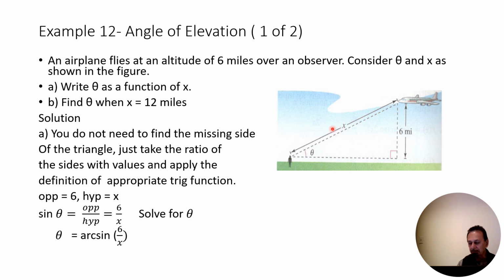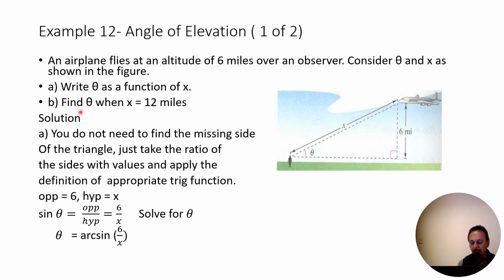Opposite over hypotenuse is 6 over x, and that is sine theta. So sine theta equals 6 over x. Using the inverse property, take the sine to the other side and make it an arc sine, so theta equals arc sine of 6 over x. That's the answer to write theta as a function of x.